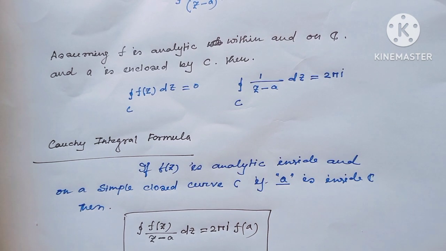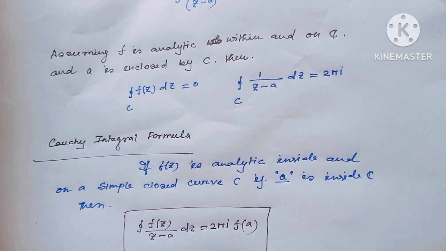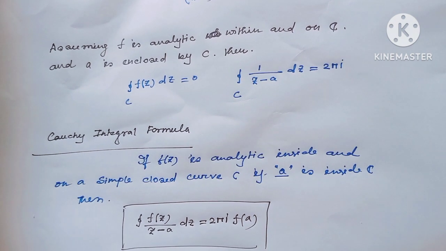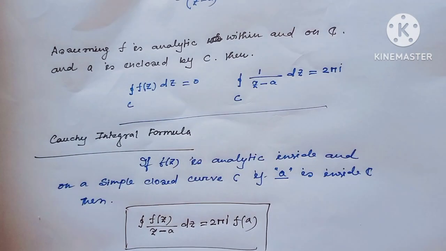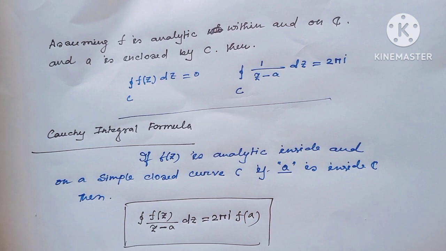Also I have seen the integration along this contour C of 1 over z minus a dz equals 2 pi i. Till now I have seen these two parts. Now I will say Cauchy's integral formula.